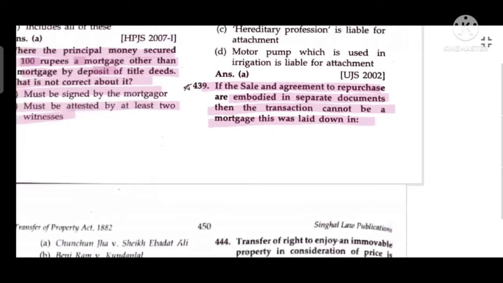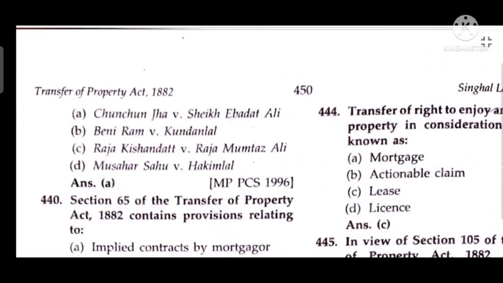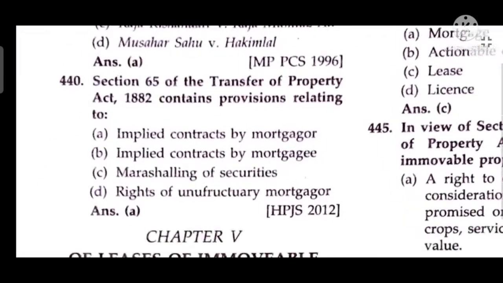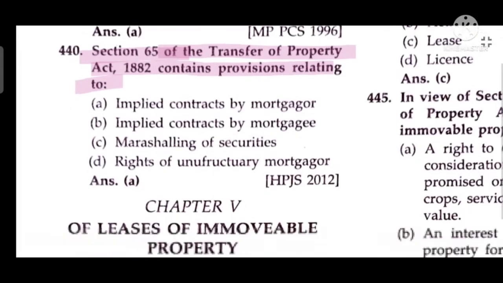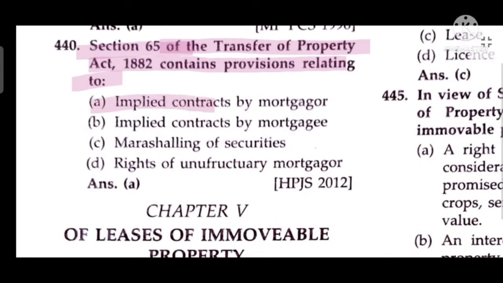This was laid down in Chunchun Jha versus Sheikh Ibadat Ali. Section 65 of the Transfer of Property Act contains the provision as to implied contracts by the mortgagor.